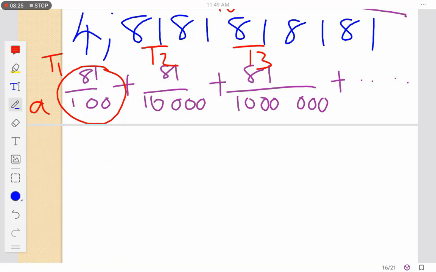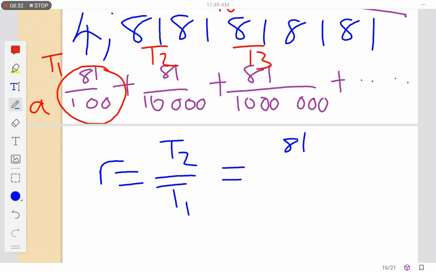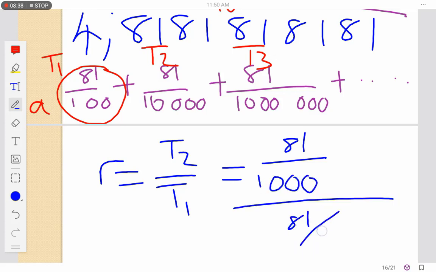Now, I can find the common ratio. My common ratio R is equal to T2 over T1. So this is 81 over 10,000 divided by 81 over 100.